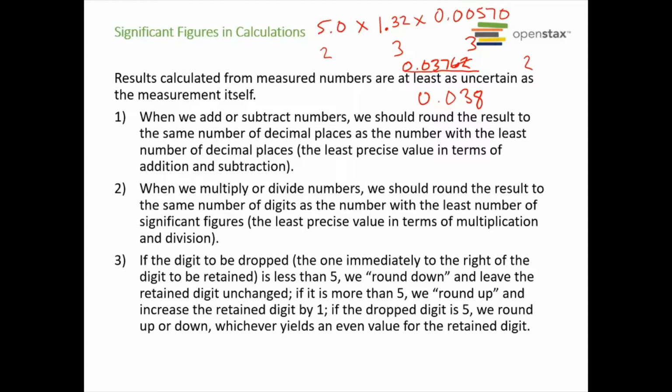If the dropped digit is 5, this is a new rule that I've never seen, but if the number you're dropping is 5, then you can either round up if that gives you an even value, or you round down or keep it as is to keep it an even number.